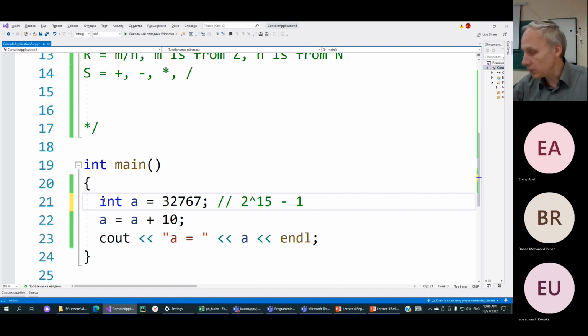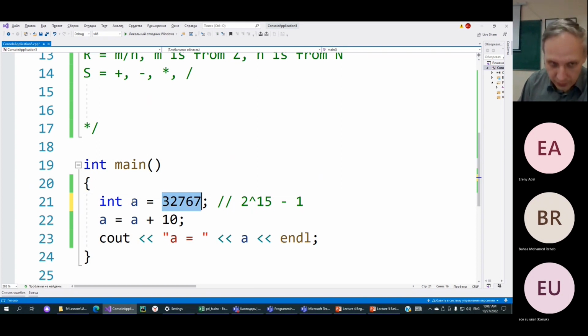But again, you should remember that there are other data types with a different range of representation, with a different number of bytes for storing. But for int, you should remember the range, more or less, plus minus 2 billions.